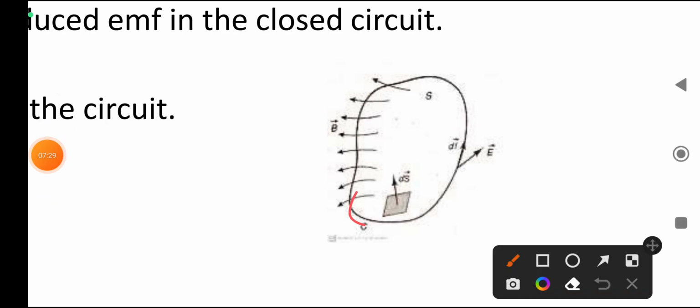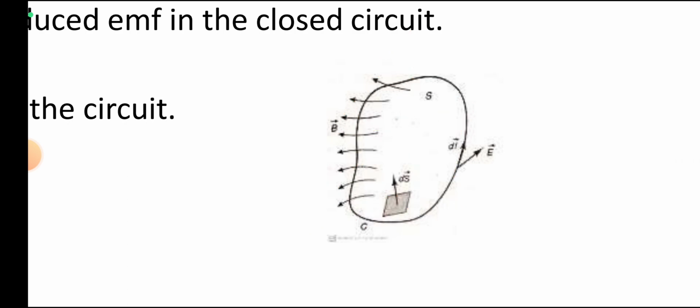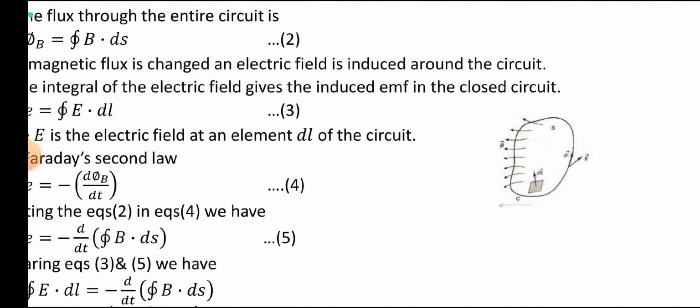It is an irregular shape, and the lines of force are coming outside. Here we consider one small surface. The total surface area is S, and the small surface area is ds. If we integrate ds, we can get the total value.